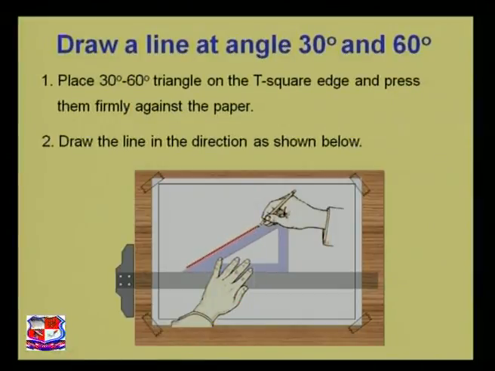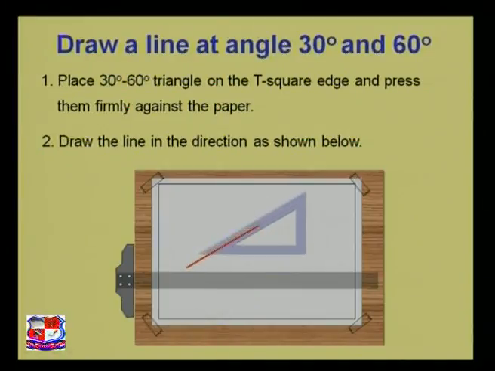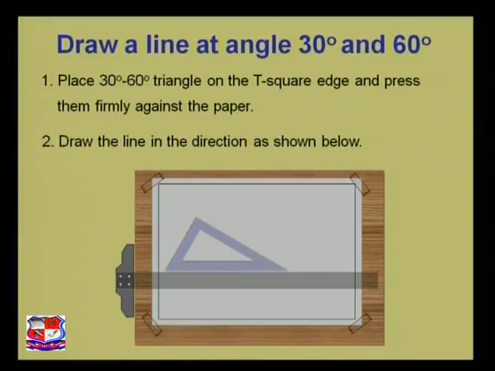Now if we want to draw a 60-degree line, then we must rotate our set square like this. Put the biggest side of the set square on the T-square and you can draw the line at the 60-degree angle. Draw the line over here and you can get the 60-degree line very easily. If you draw the line over here, then that line would be at 30 degrees.